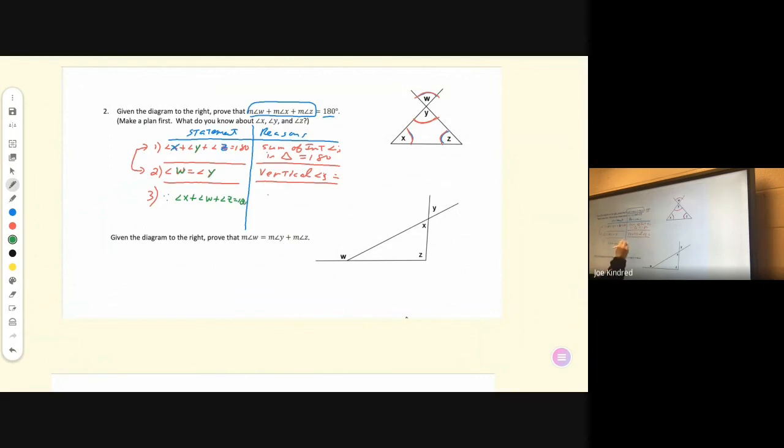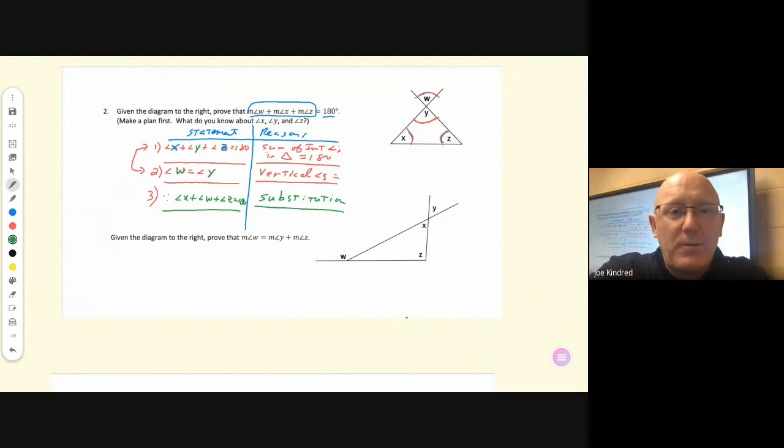And the reason? Substitution. And I've proven that angle W plus angle X plus angle Z is equal to 180. It's a three-statement proof with the reasons off to the right. And this is going to conclude our initial introduction into proofs. All right, talk to you soon.